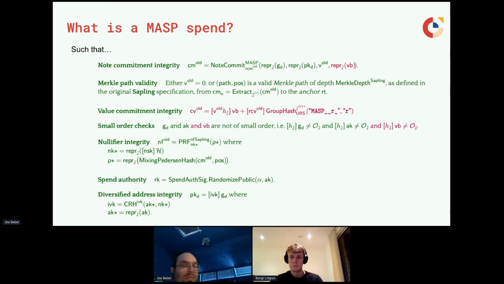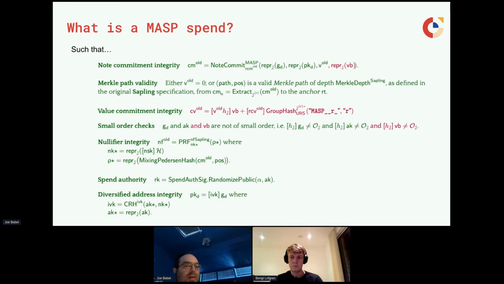And from this side, from the spend circuit, as complex as the spend circuit is, this is the only change that is really necessary. We have some extra fine details about checking that these points are not small order and clearing cofactors.